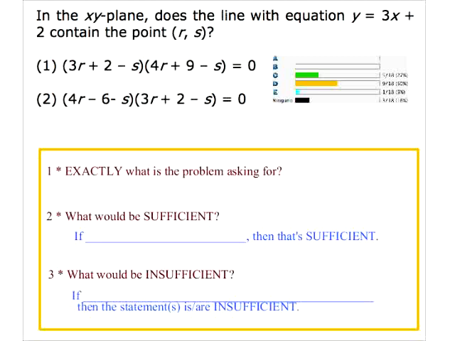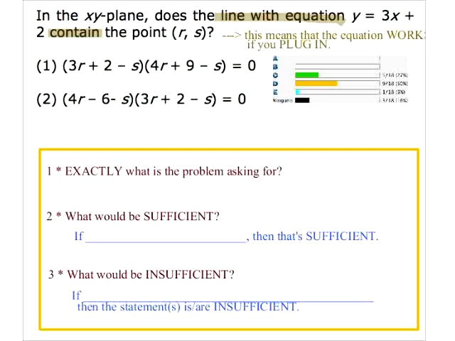Satisfying an equation means that if you plug into that equation, then it works. So if the line contains a point, what that means is that you can plug the point into the line, and it works. That the equation works if you plug in.